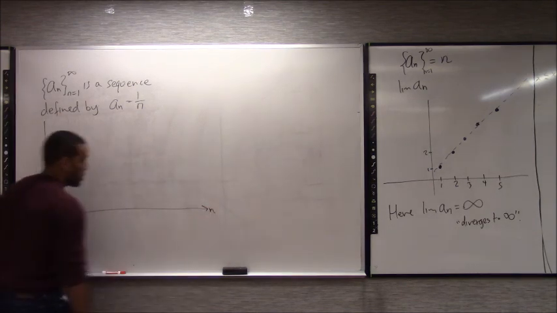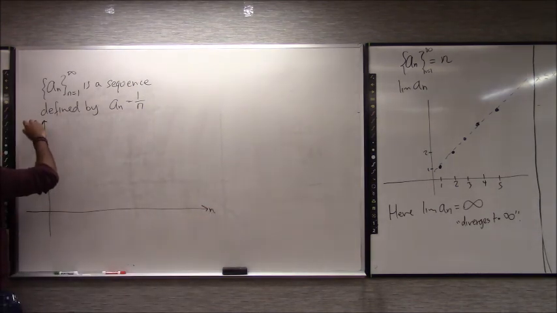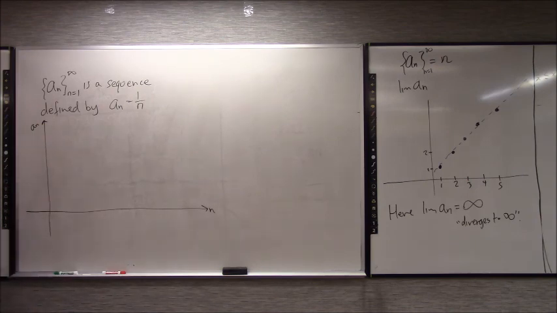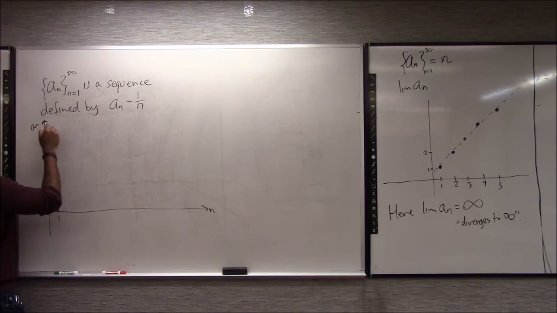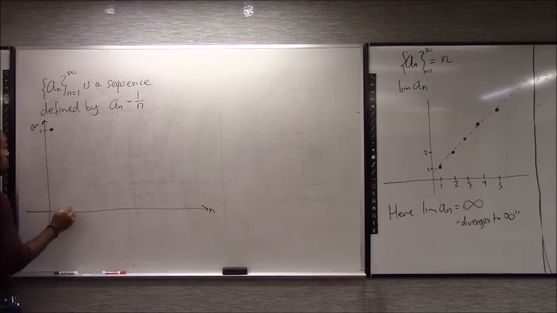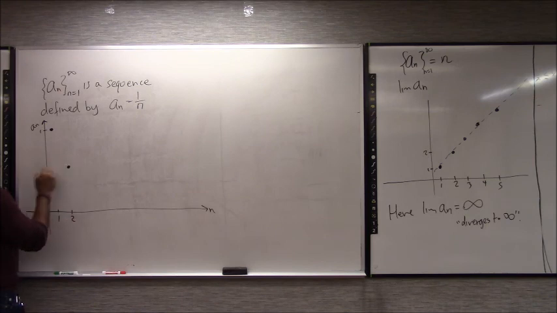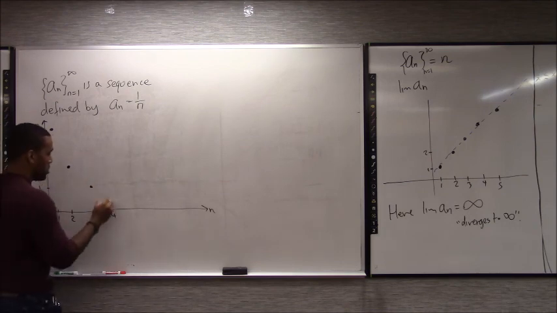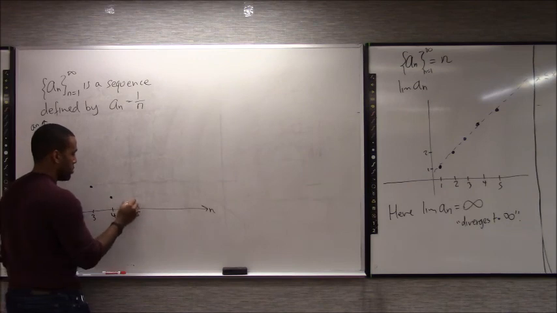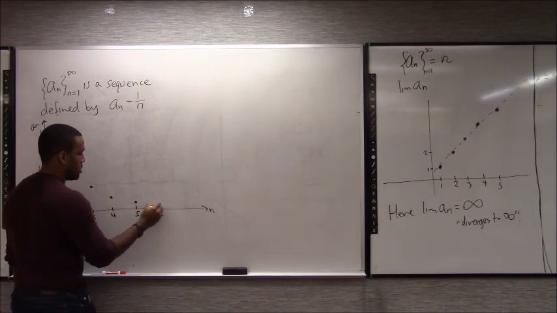So we can draw n versus a_n, thinking of it as a function. At 1, not drawn to scale obviously, put that up here. At 2, that's going to be at a half. At 3, that's going to be at a third. And so on. At 4 it comes down, 5 comes down, 6 comes down, right?